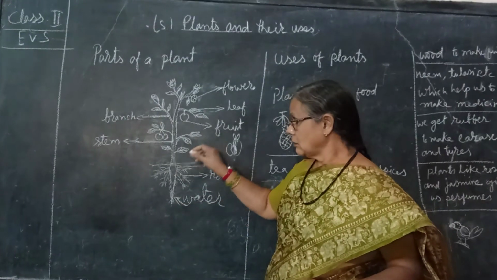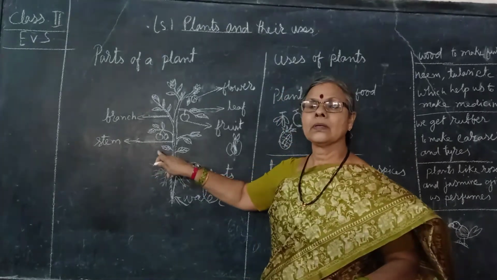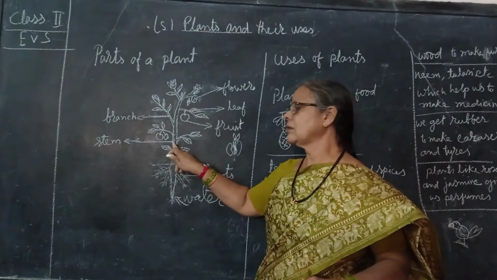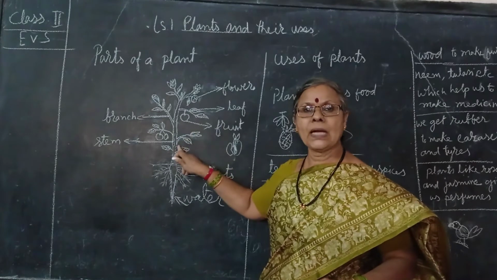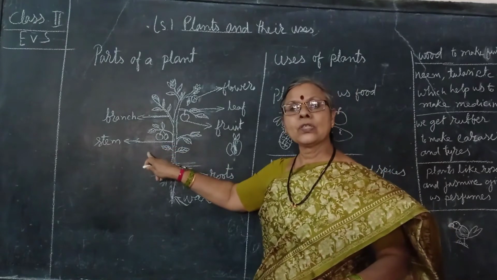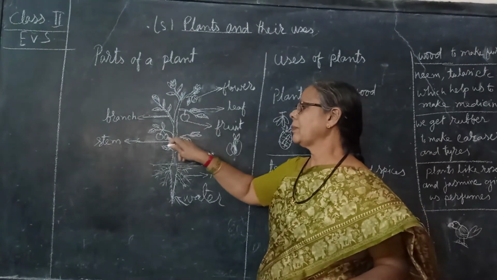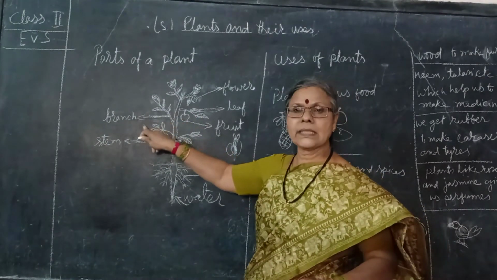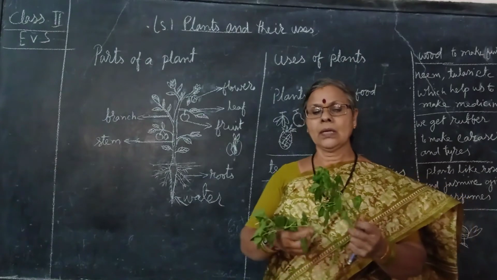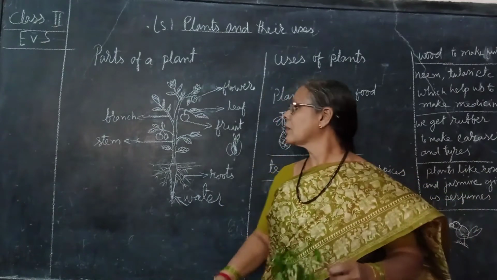And stem carries the water to all parts of the plant, and it also carries the food prepared by the leaves for the plant. Then branches, as it grows, many parts will be growing.